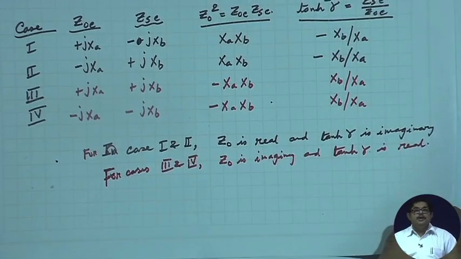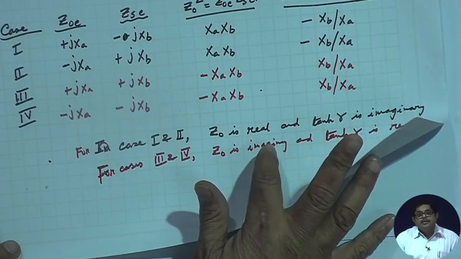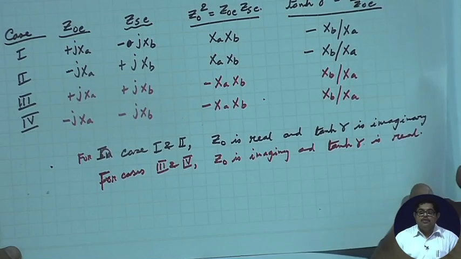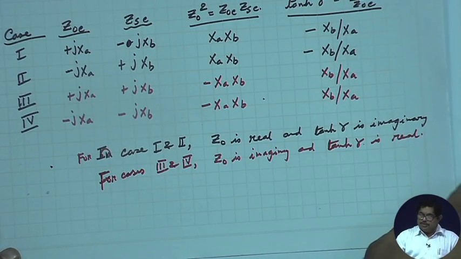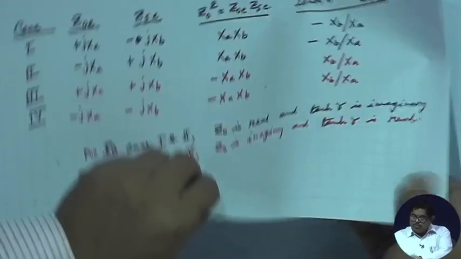Still, I have not proved the theorem, because the theorem said that if Z1 is real, alpha will be 0. If Z1 is imaginary, there will be non-zero alpha. I have not reached there. So, I need to do that to prove the theorem.